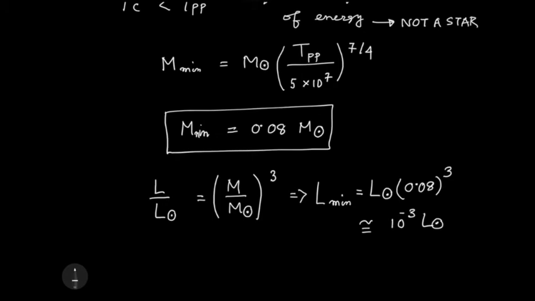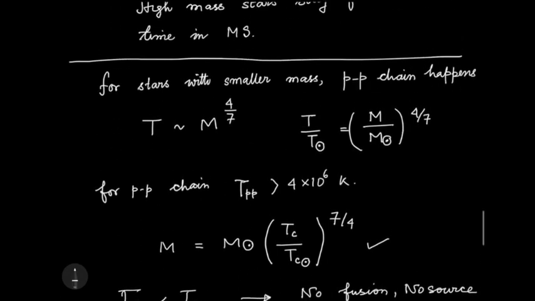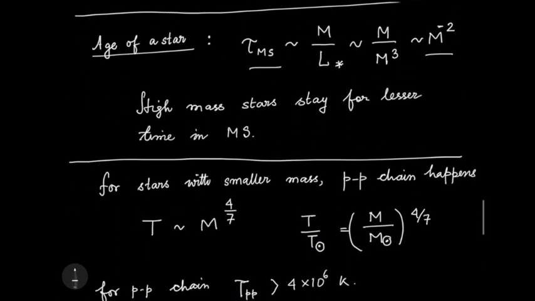And that explains why you don't see stars which have a luminosity less than 10^-3 of the solar luminosity. So you see, this very simple dimensional analysis can explain the minimum luminosity of a star, the minimum mass of a star.